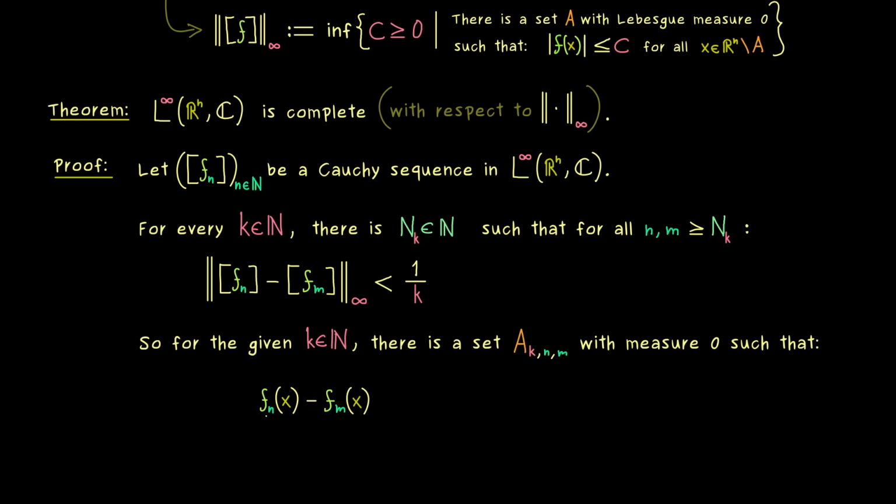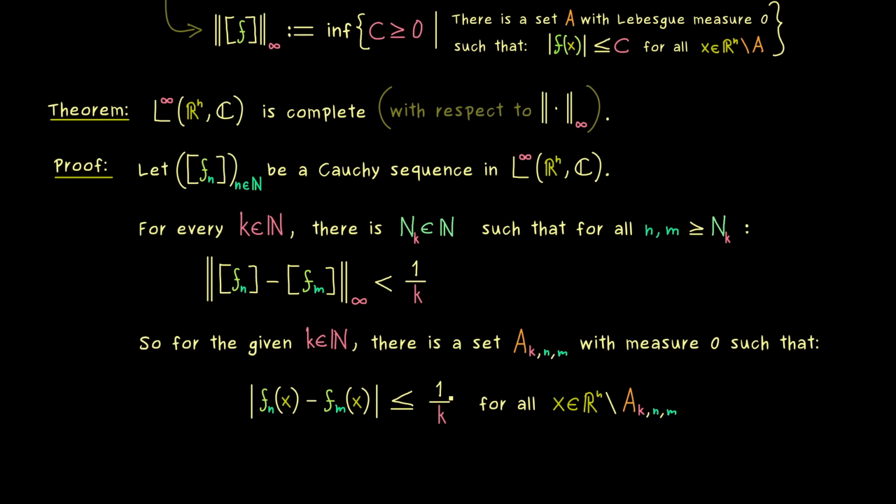So we have Fn of x minus Fm of x measured in the absolute value. And by the definition of the infinity norm, this one is definitely less than or equal to 1 over k. We don't need the strict inequality, so I just use what we have here in the definition. So moreover, we have it for all points x in Rn with the exception of our set A. And now we have an important insight here. We have countably many sets with measure 0.